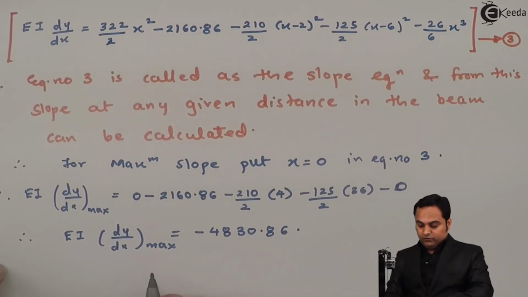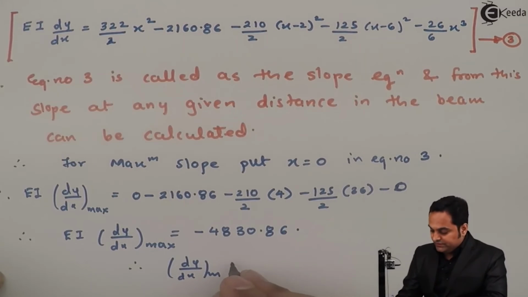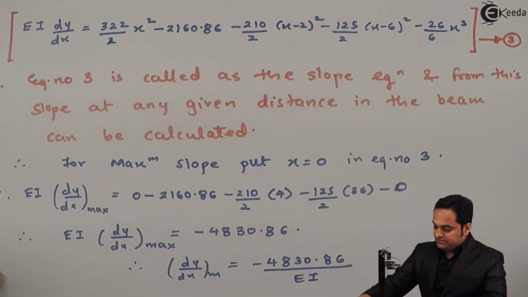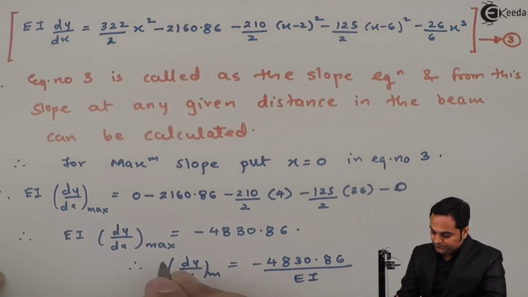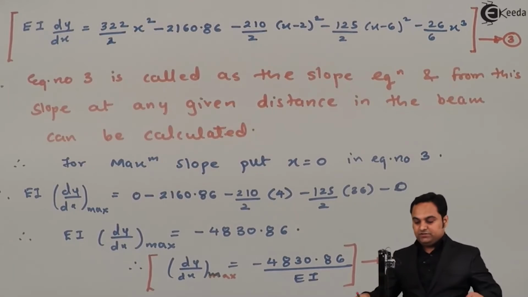Here we want dy by dx on one side, so dy by dx, which is maximum, I'll send EI onto the other side, comes out to be minus 4830.86 upon EI. So this is the maximum slope. This is our first answer.